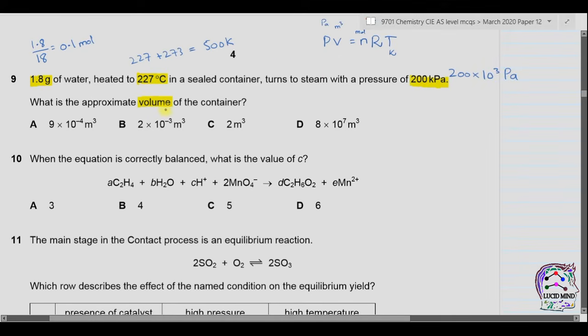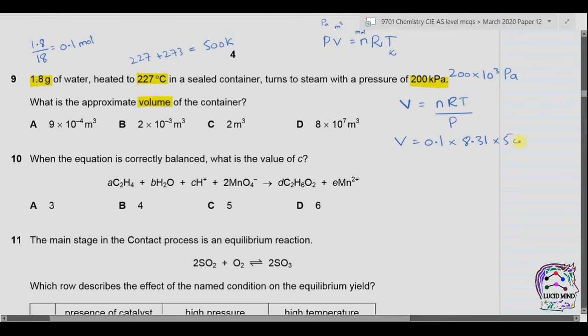Now we have to find the volume. Simply putting these values into the equation, volume is equal to nRT divided by P. Putting the values, the number of moles is 0.1 moles. The value of R can be seen from the data booklet, it is 8.31.